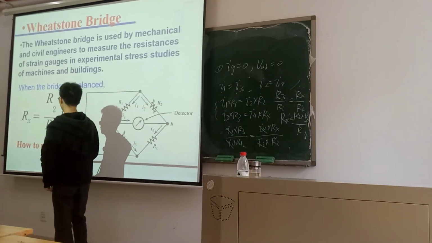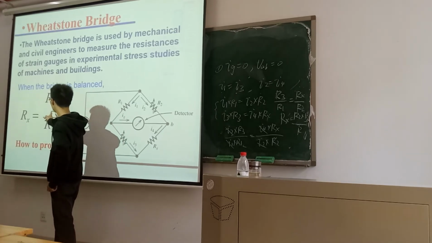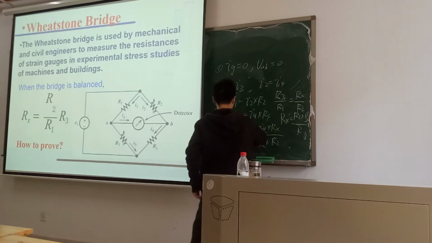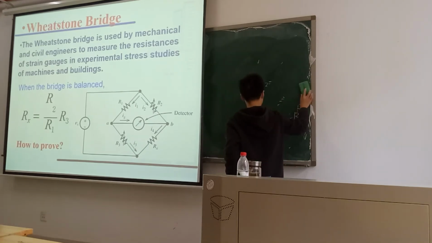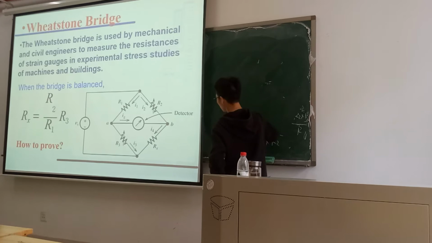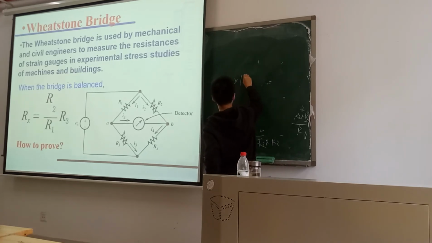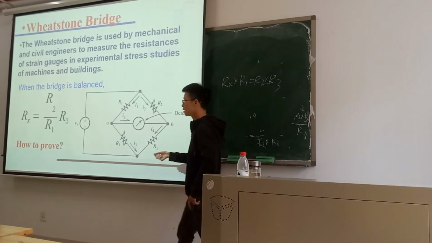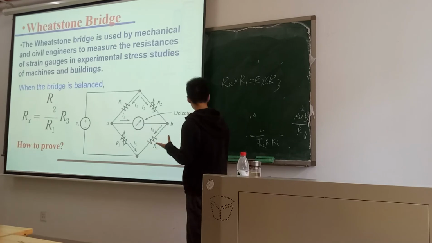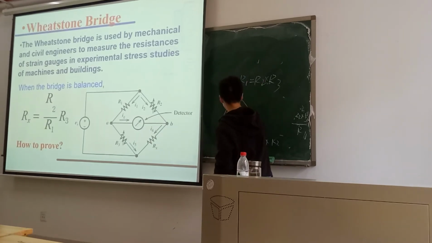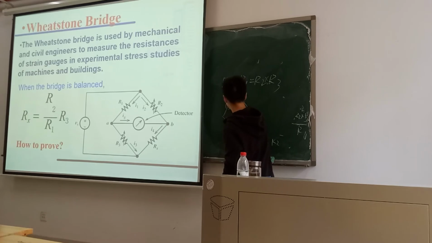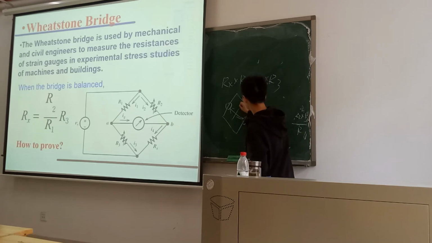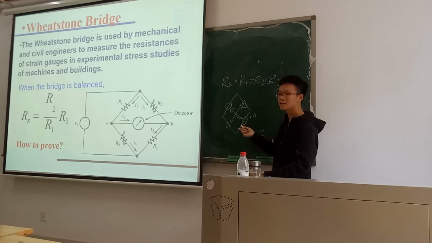I think it's a little difficult to remember, but you just remember like this: Rx times R1 equals R2 times R3. No matter how they are marked, you just remember that these two multiplied together equal these two. It's easier to remember, right?